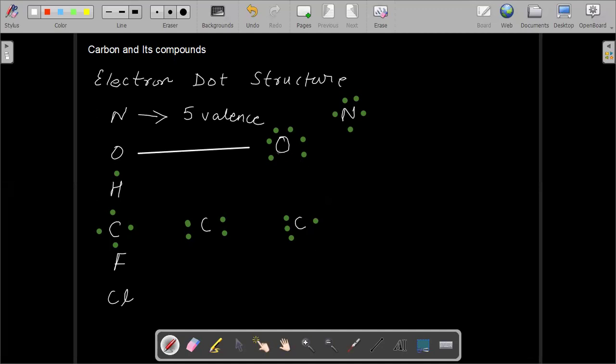So you can represent a maximum of 2 to 3 electrons on one side. I will discuss later why we represent a maximum of 3 electrons on one side.